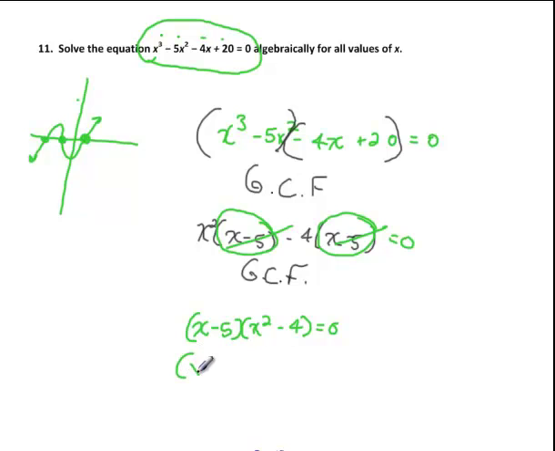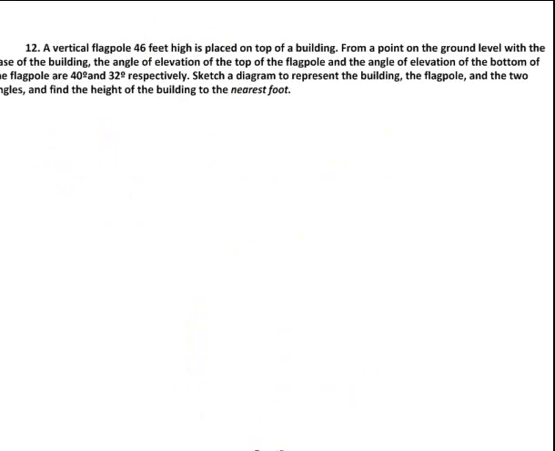We're going to factor this again because we realize x squared minus 4 can get factored to x minus 2, x plus 2. And our places where it crosses the x-axis are 5, 2, and negative 2. 3 places, 3 answers.